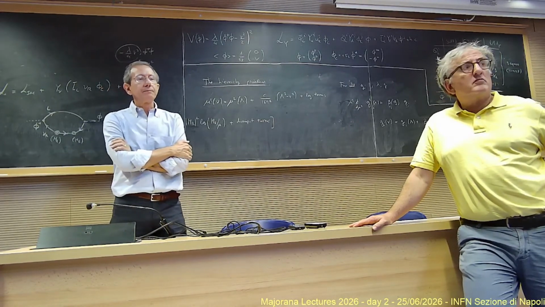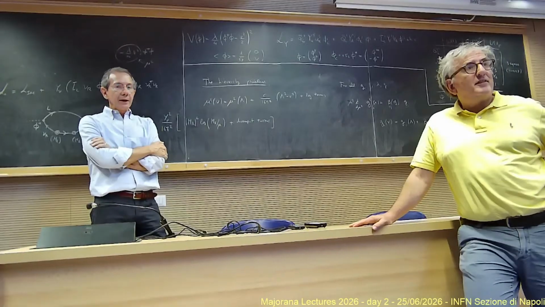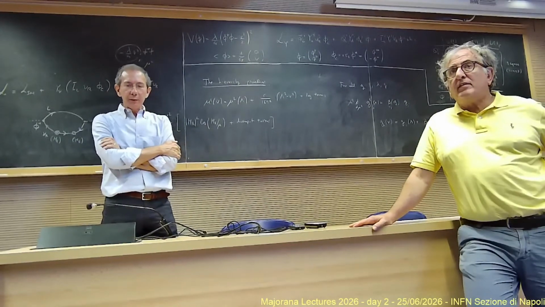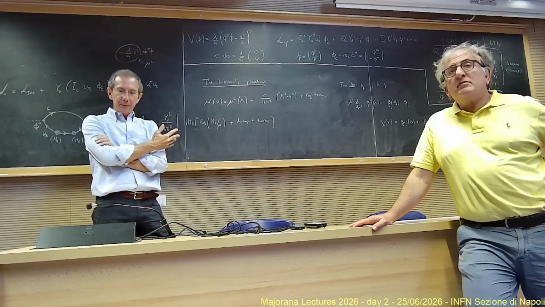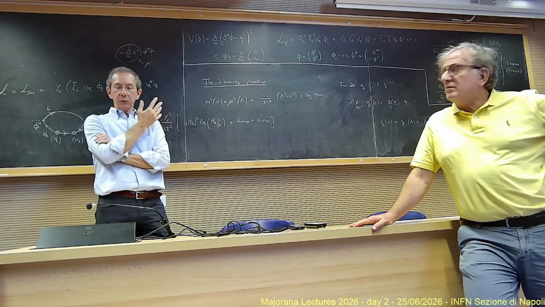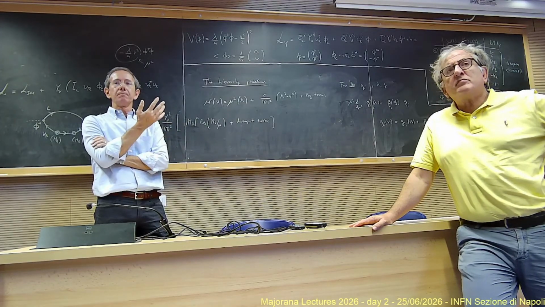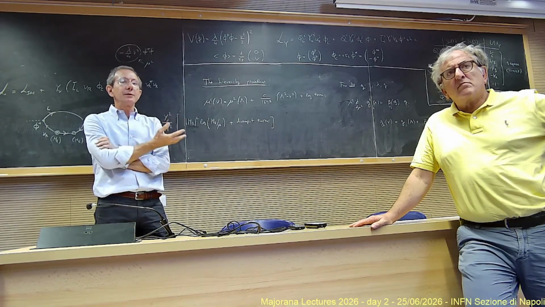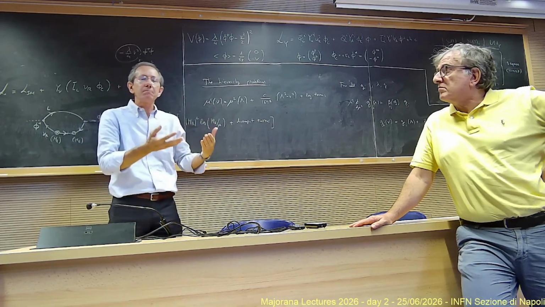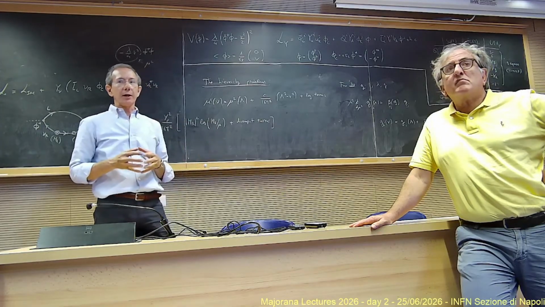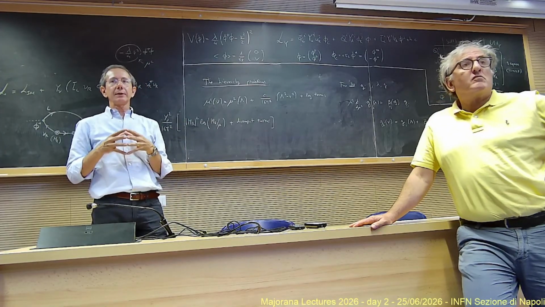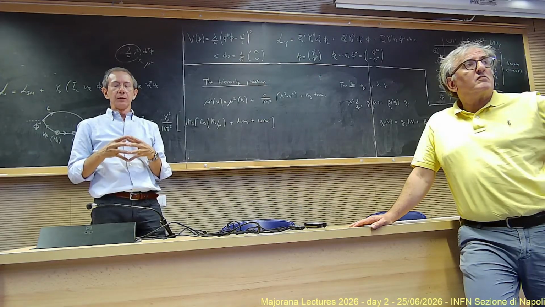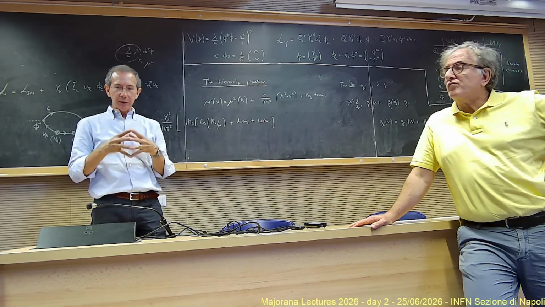Groups like SO(10) are taking that direction. So I totally agree with you. The fact that we have this accidental symmetry seems to be better than accidental, because otherwise we would have seen violations immediately. So I think the best way to have an accidental symmetry is to have an explanation.